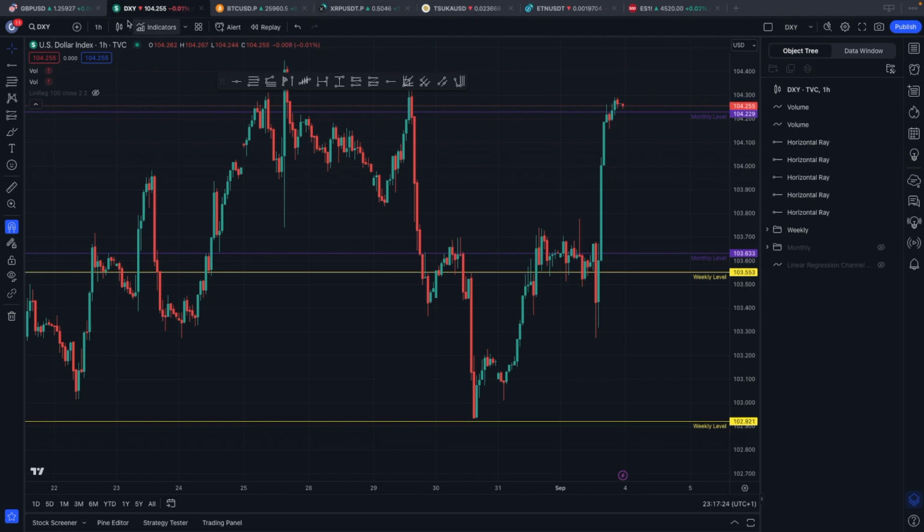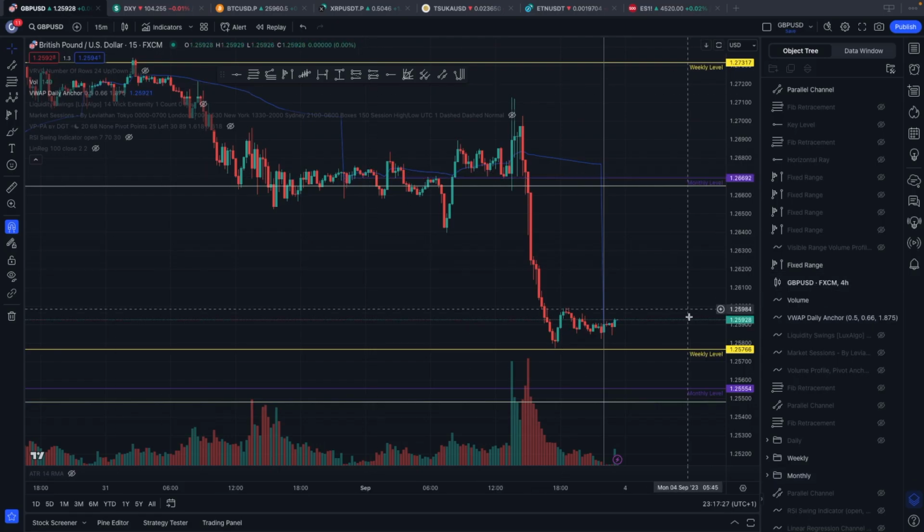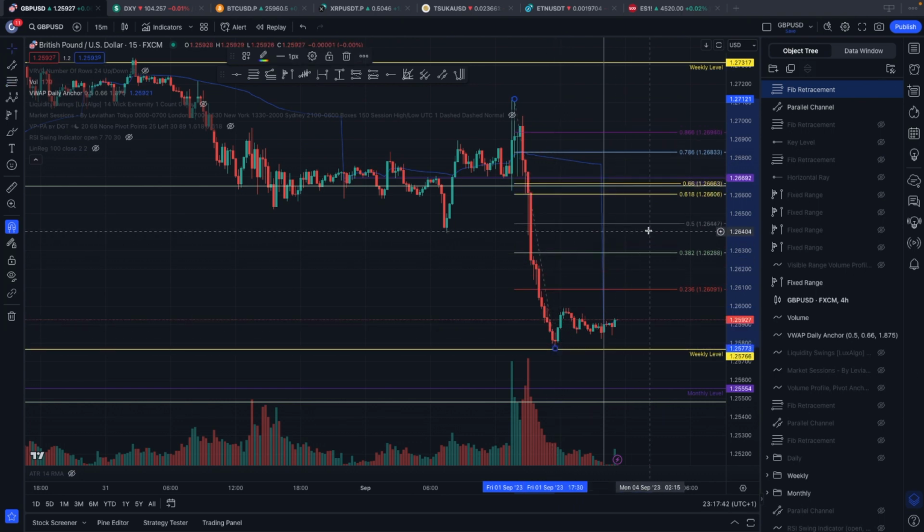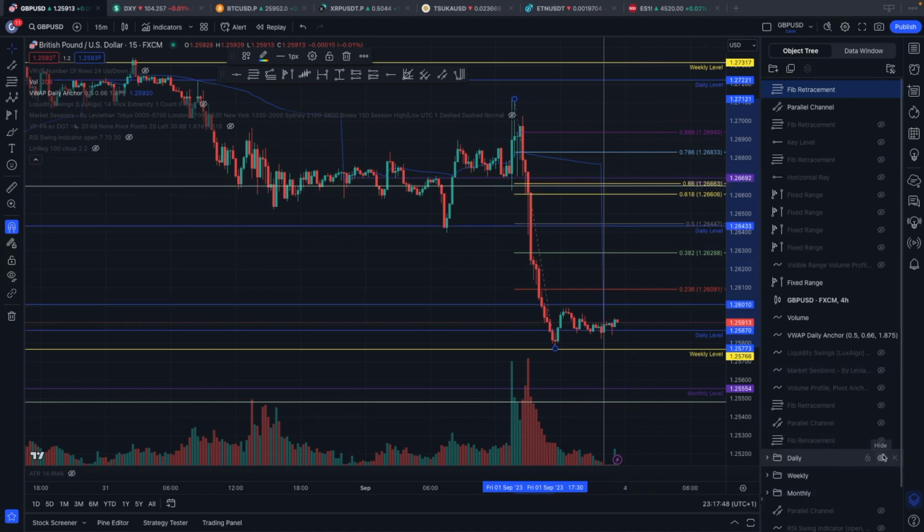So that's my trading plan. At the moment I'm looking for it to go much higher. Resistance wise, we want to take an intraday trade. Honestly, that works out to be the best up here. So we've got this daily, which is at the bottom of this value area here.